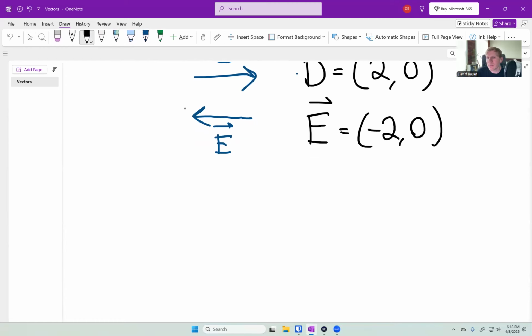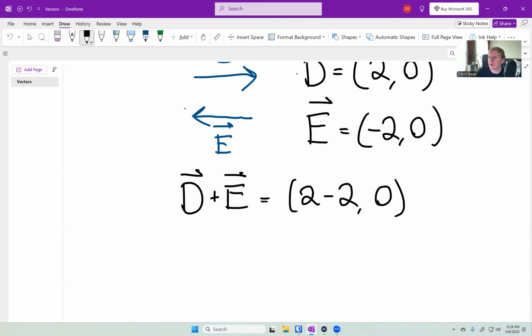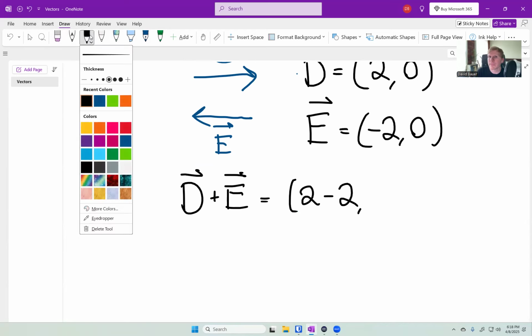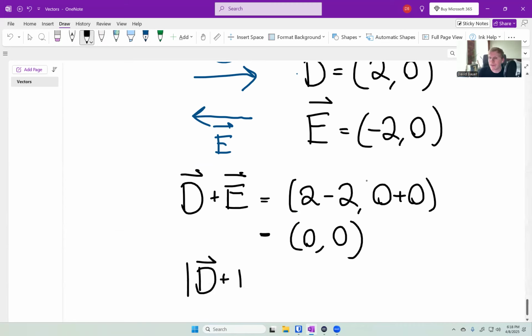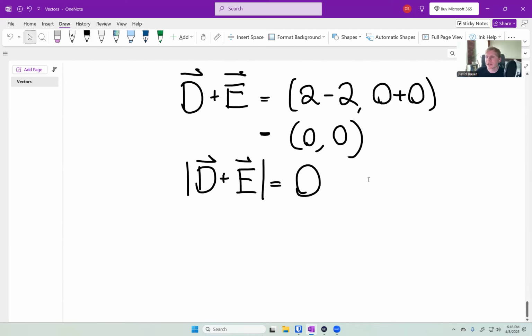And when I add these up, clearly I'm going to get 0 because I'm just taking 2 minus 2 and 0 plus 0. So I get 0, 0. So the sum of these two vectors has a magnitude of 0. Right, but each of these vectors individually, their magnitude is 2.